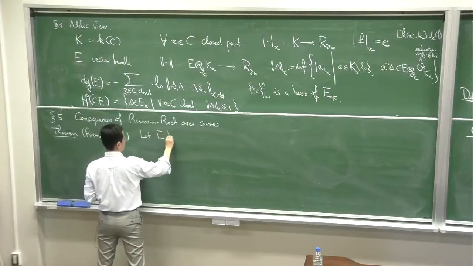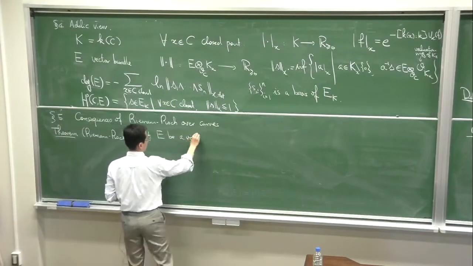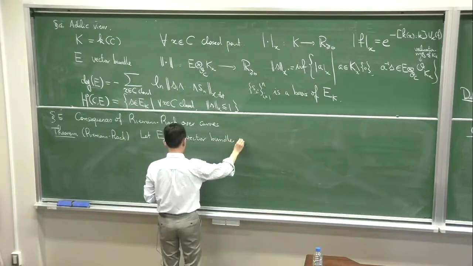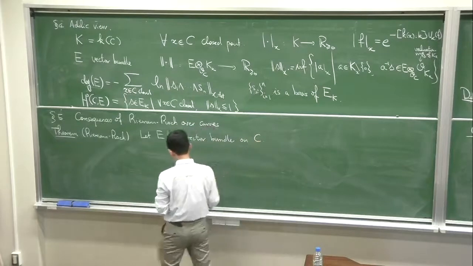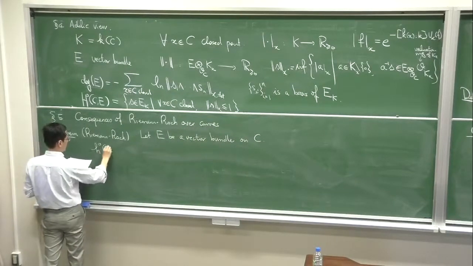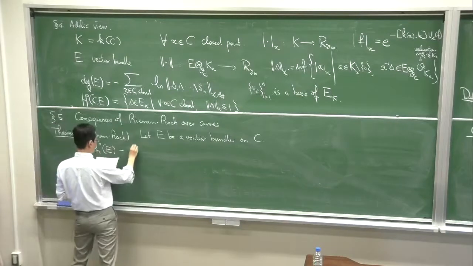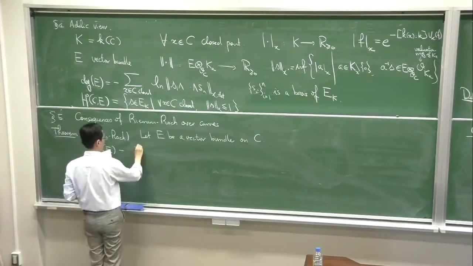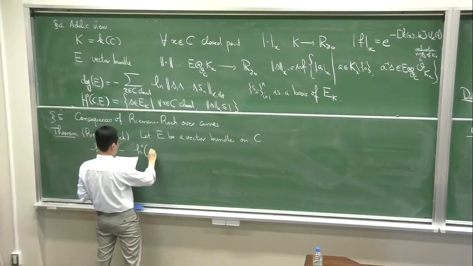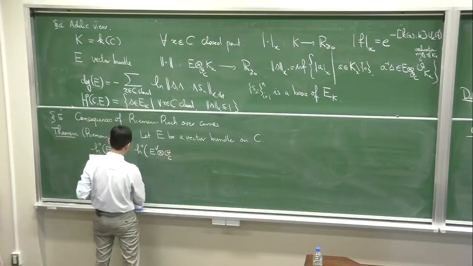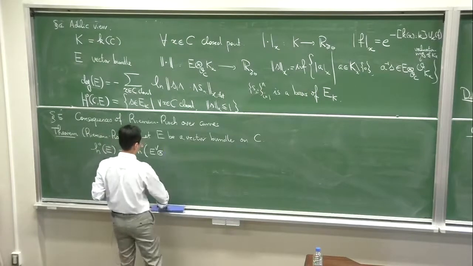So let E be a vector bundle on C. So you have H^0(E) minus H^0(E^∨ tensor ω_C), sorry.